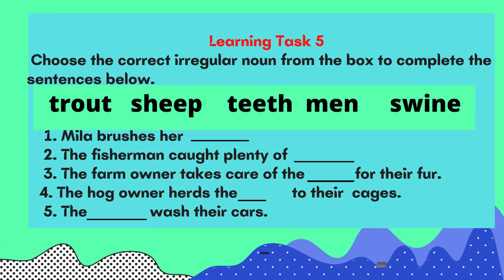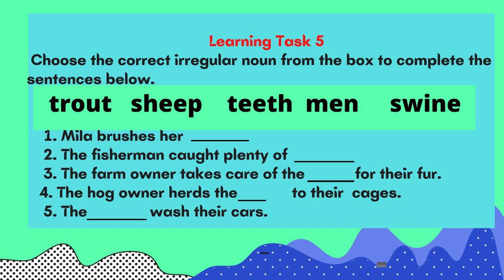We are now in the last task. Choose the correct irregular noun from the box to complete the sentences below. So your choices are trout, sheep, teeth, men, and swine. So number 1, Mila brushes her blank. The ones we use for chewing our food.